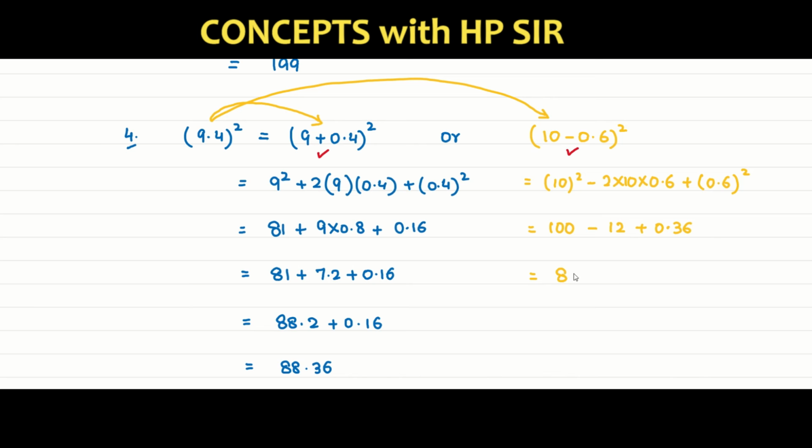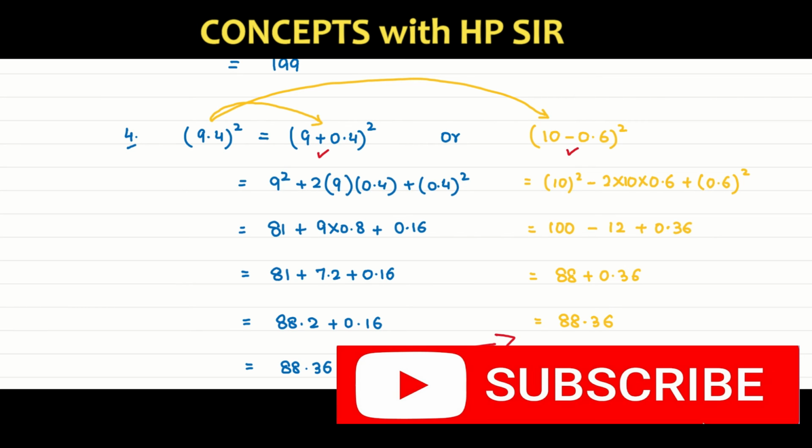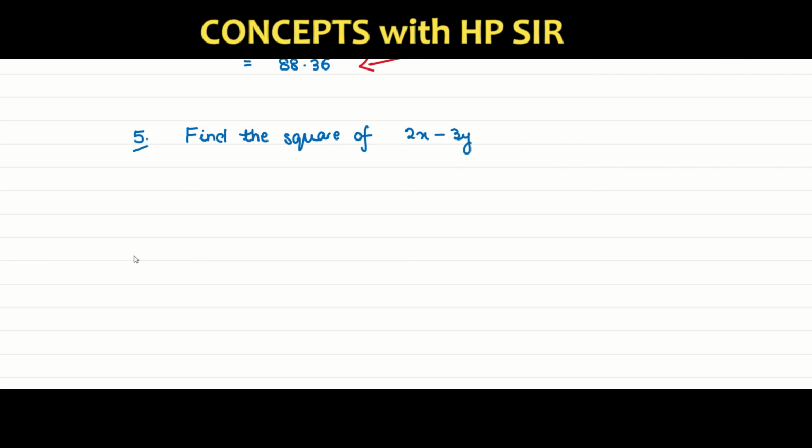So this is equal to 88 plus 0.36, that is equal to 88.36. So you can see that in both cases the answer is coming out the same. Hence you can use either of the two formulas. Either you can say it is equal to 9 plus 0.4, or you can say it is equal to 10 minus 0.6.